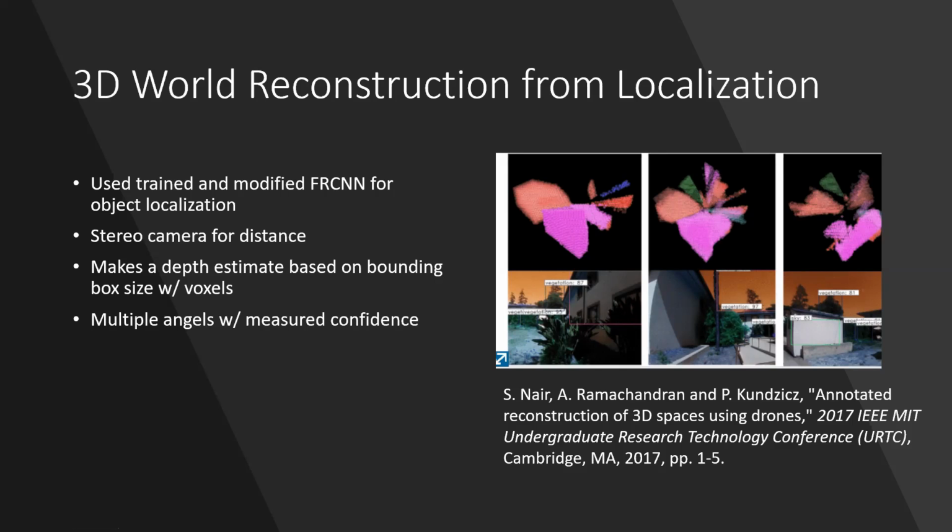But I think this is a good first start, and you might see more development on this over the next few years. I don't think right now this is the best algorithm to use if you're trying to build a 3D map, because a lot of this was done in simulation. And frankly, I don't think these maps quite justify the amount of computational resources and time it would take to do this.